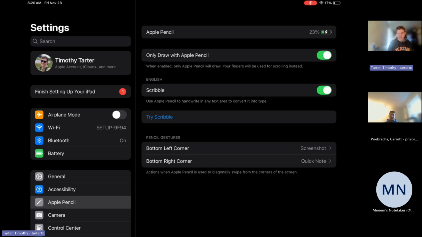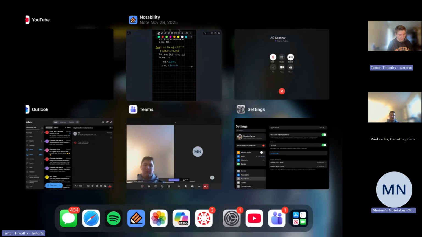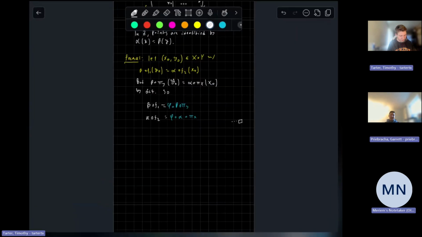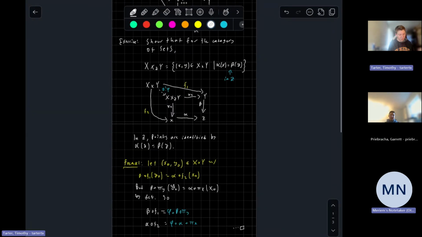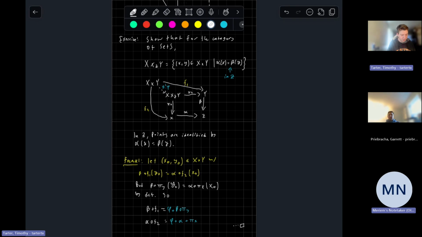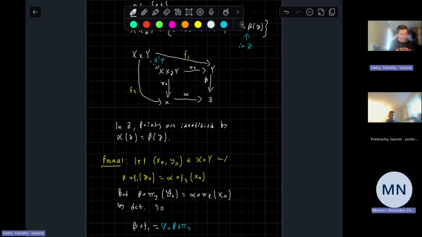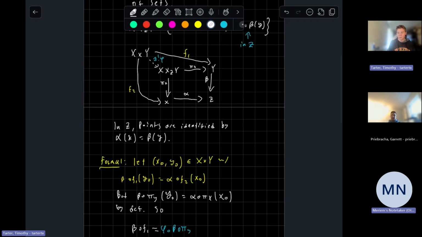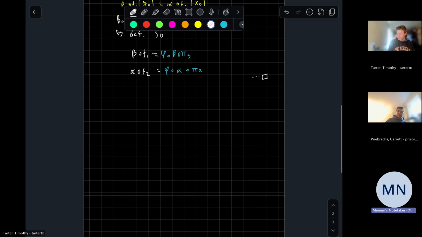Until I have a physical feeling, almost like going through a maze, I don't feel like I understand something. And so this is our intuition for products: the pullback of Z through X and Y, the fibered product, is all of the things that agree through the morphisms from X and Y to Z. Yeah, no, that last exercise really helped me understand fiber products. It was a big help.